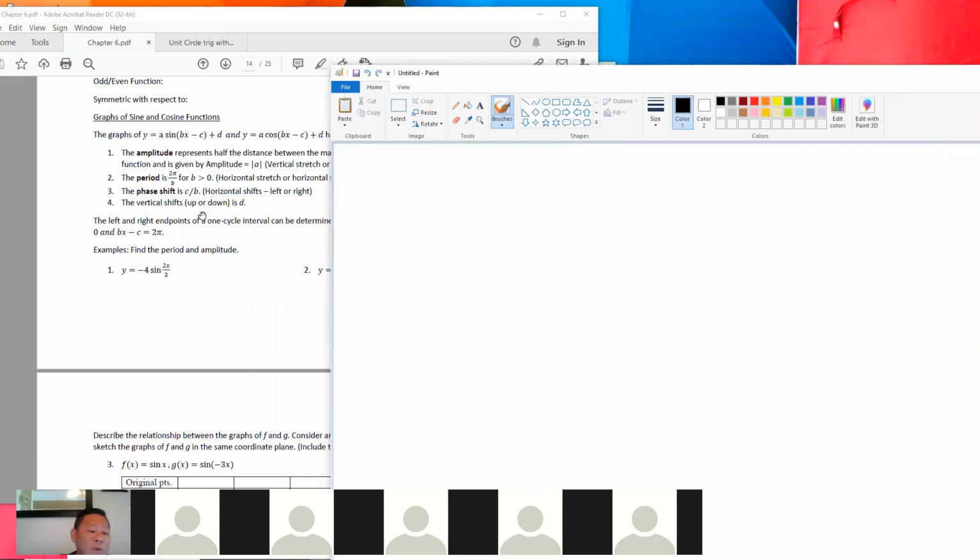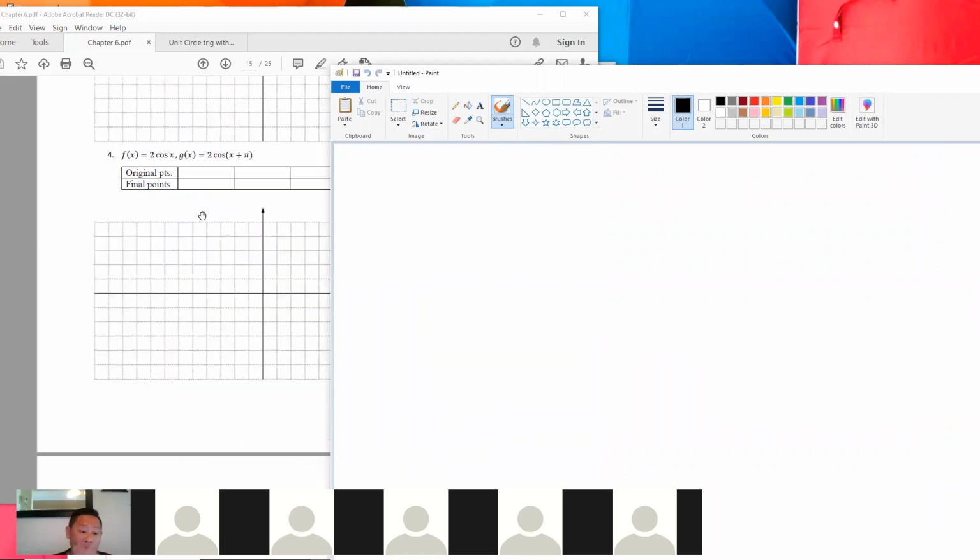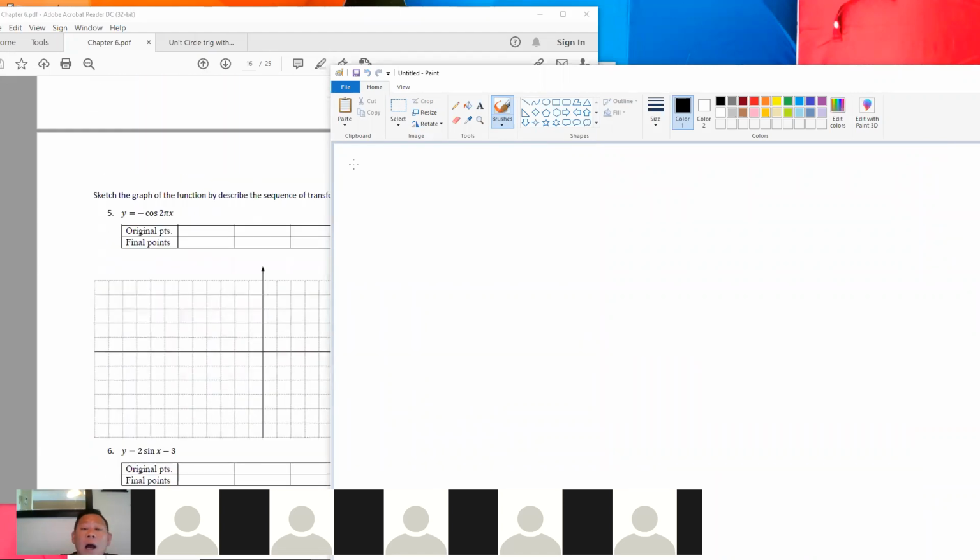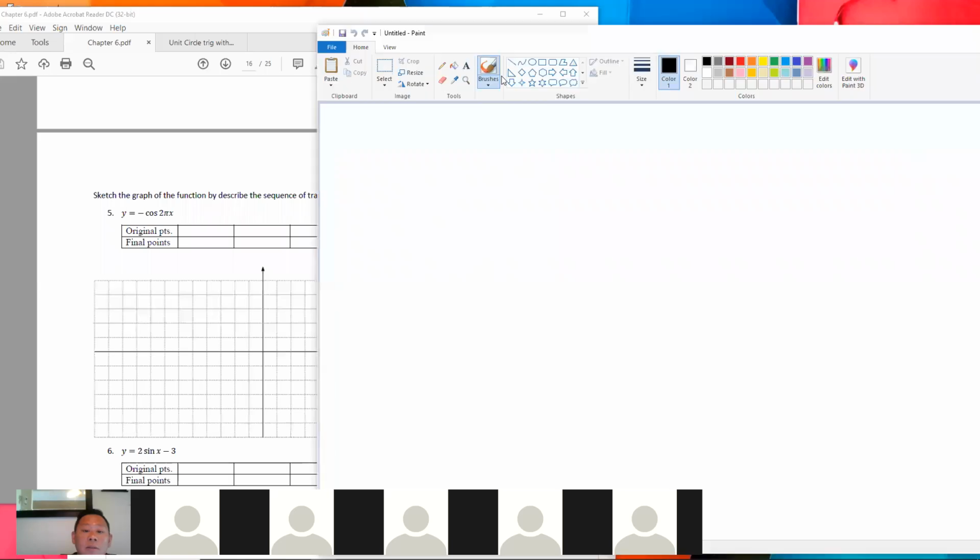Now I'm going to teach you how to use this for this kind of graph. So this is very important. This is question 5 in your notes: y equals negative cosine 2 pi x. Pay attention, because this was around 10 to 12 points in your first test.